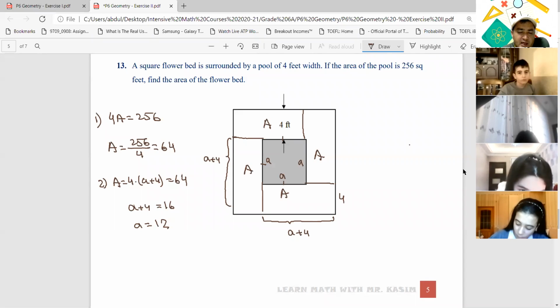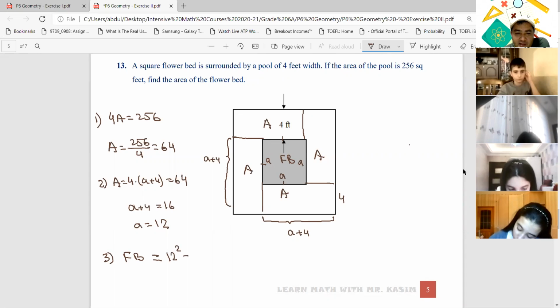What is A? One side of the square, the flower bed. So number 3, what is the area of the flower bed? FB, flower bed, is equal to 12 squared. That's equal to 144 cm squared.